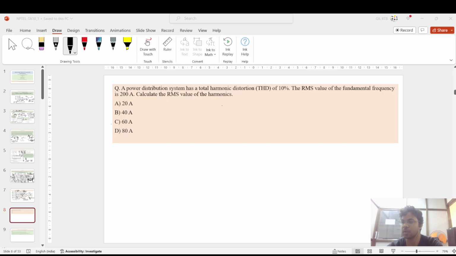I need at least one answer from you guys so that I can proceed further. In case of any doubt, you just let me know. You can just use your logic that, okay, the RMS value of the harmonic is 20 amps.